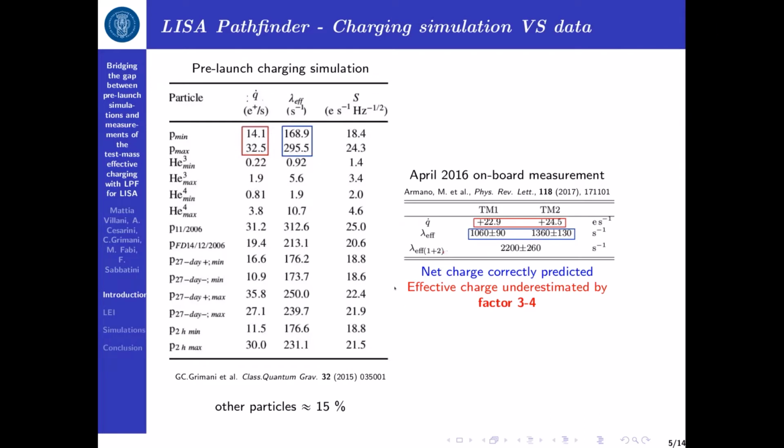Well, if I can add something, because at that time Matteo was not here, so he didn't follow the details of these early-day simulations. Of course, when we carried out these first simulations, we didn't know which kind of galactic cosmic rays we were going to face in the spring of 2016.